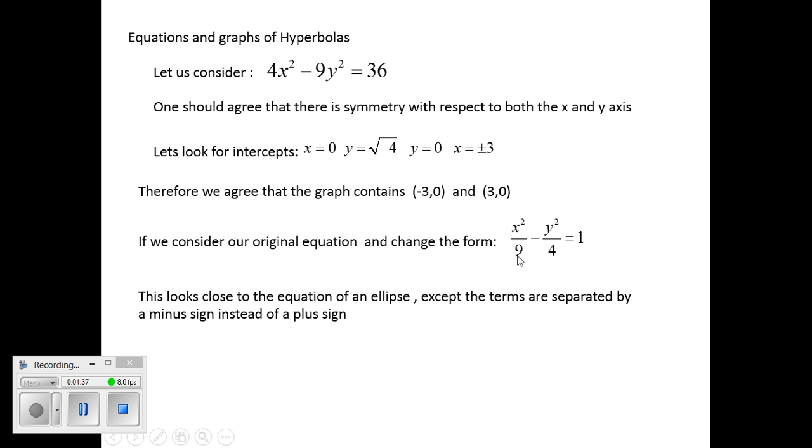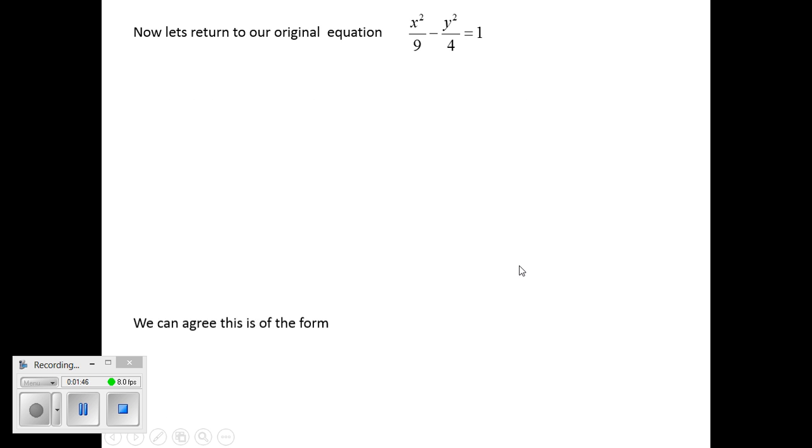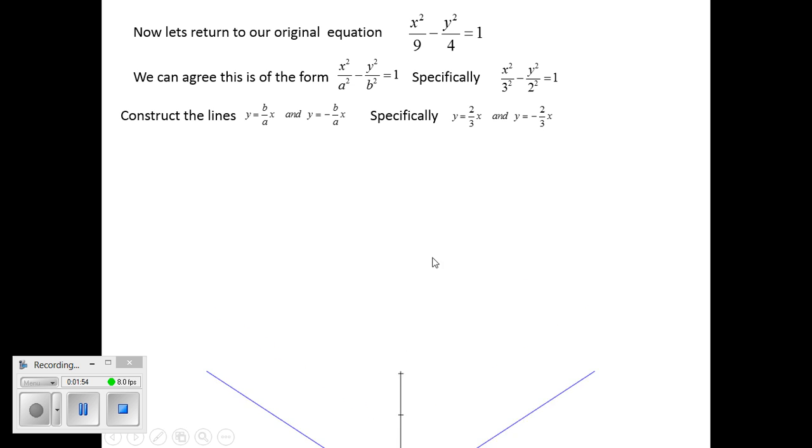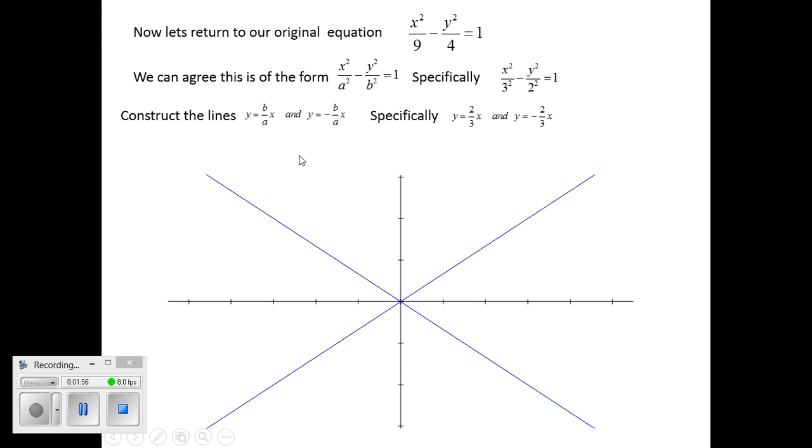That identified for me A as 3 and B as 2, which of course allows me to find the asymptote lines of the form b over a x and negative b over a x, specifically 2/3 x and -2/3 x. So I sketched those lines in.